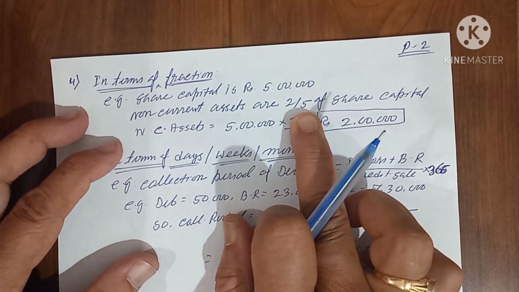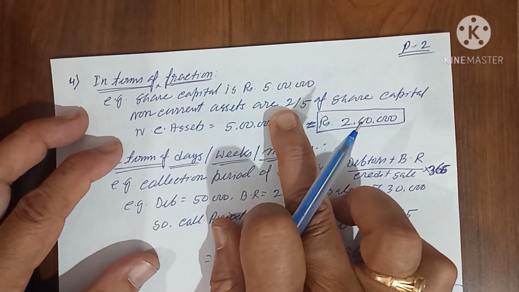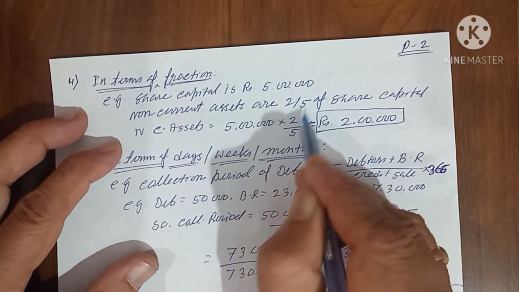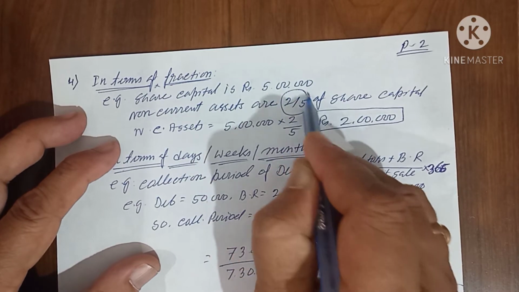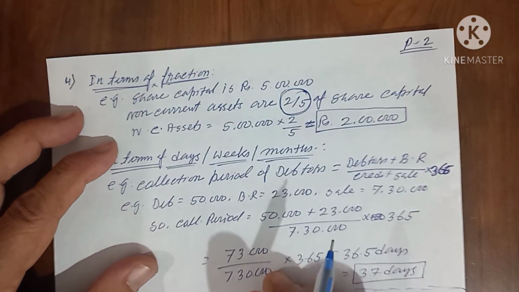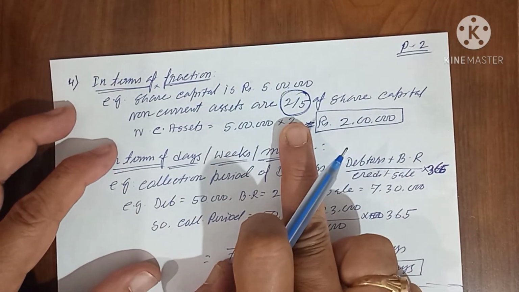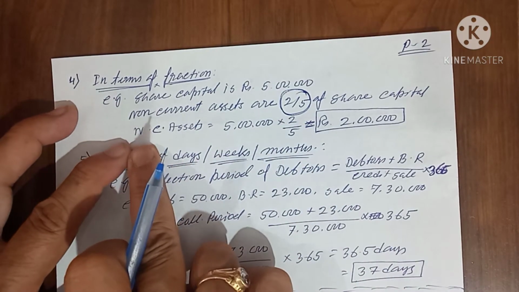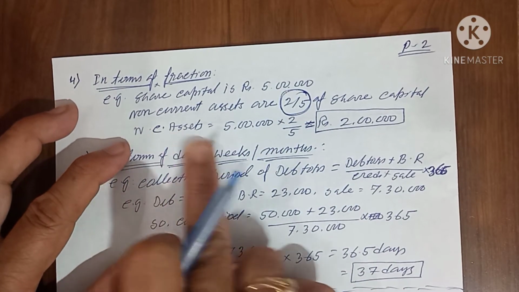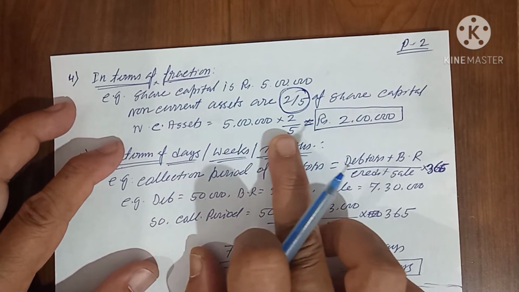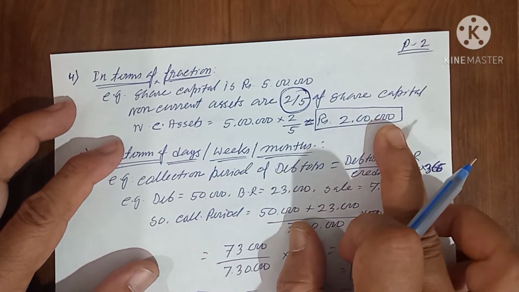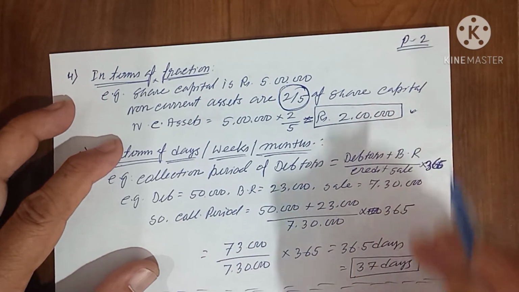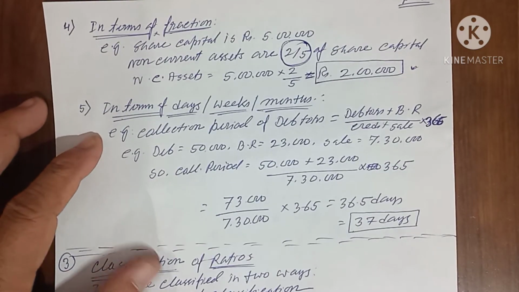If share capital is 10, then non-current asset will be 4. This is called fraction. So non-current asset is equal to 5 lakh multiplied by 2/5, which comes to 2 lakh. So this is also one way to express the ratio.